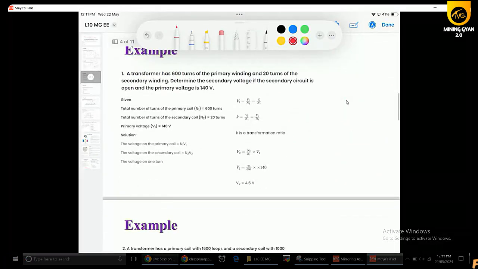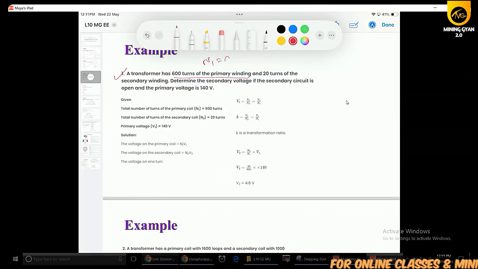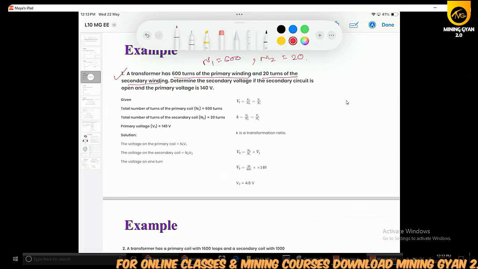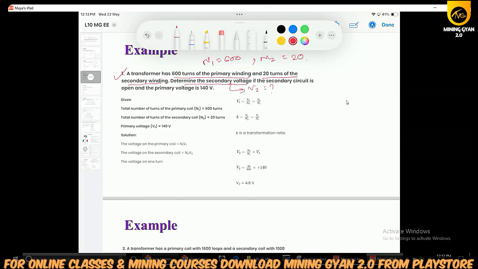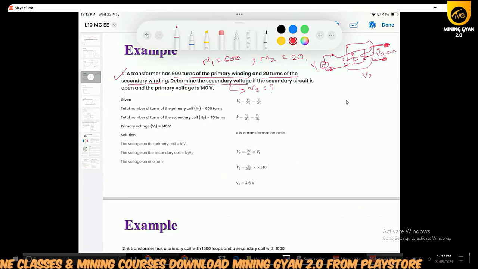Now coming to the next example: a transformer has 600 turns of primary winding, so N1 is 600, and 20 turns of secondary winding, so N2 is 20. Determine the secondary voltage, V2, if the secondary circuit is open. This is the transformer, and this is the primary circuit through which you apply the AC source V1. The two secondary terminals are open circuited, meaning no load is connected, and this will be V2.